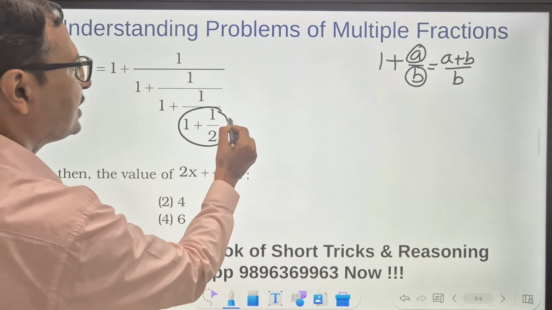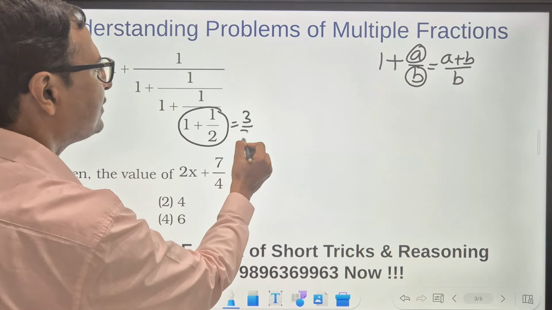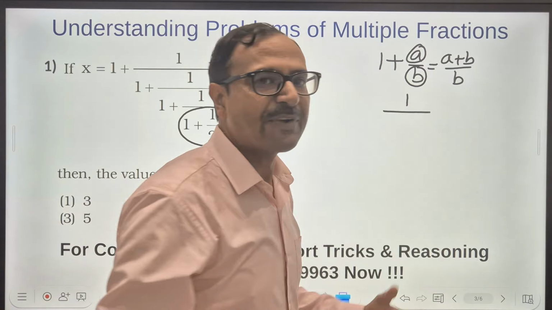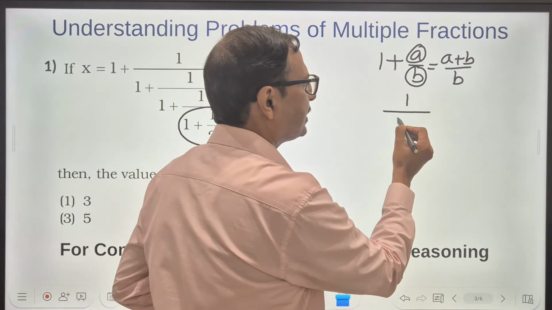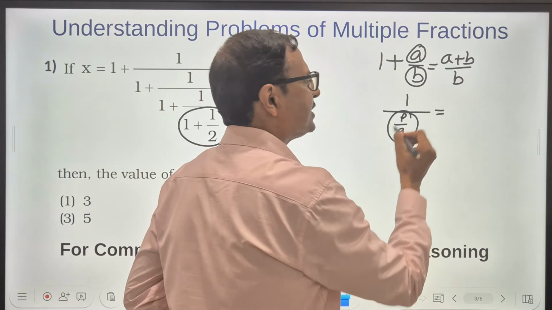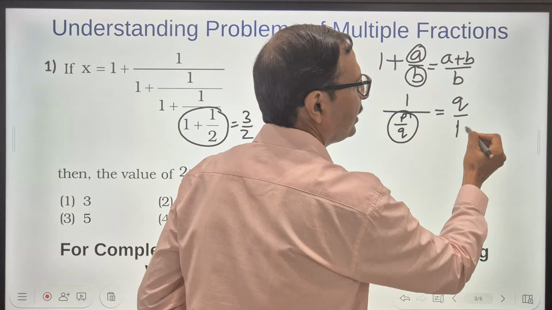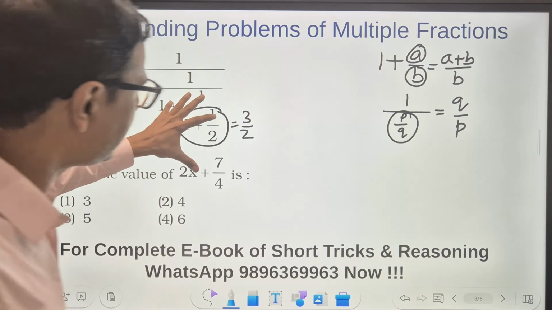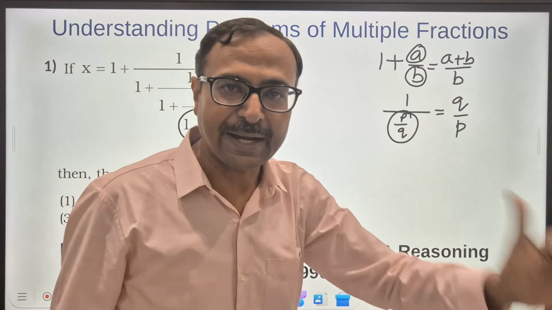So this is 3 upon 2, right? And the other concept is, when you do 1 upon some fraction, like 1 upon p upon q, what do you do here? You just flip this. This becomes q upon p. These are the two concepts which you can use here, and you will get to the answer directly.